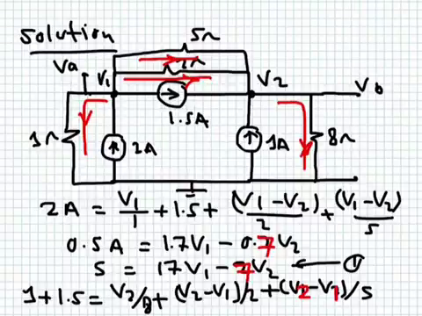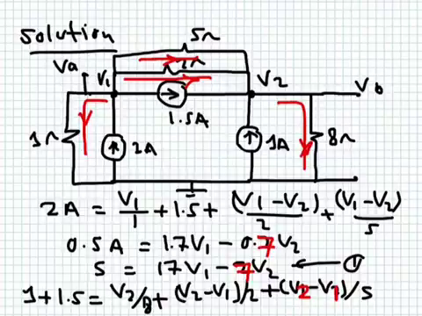To clarify then, for the second node, what we did is that we assumed there are only two currents flowing in, which is 1 ampere and 1.5 ampere, and there are three currents flowing out: V2 over 8 this way, V2 minus V1 over 2 this way, V2 minus V1 over 5 this way.